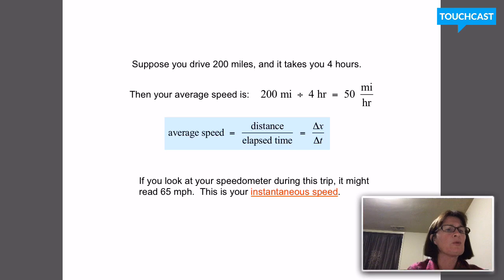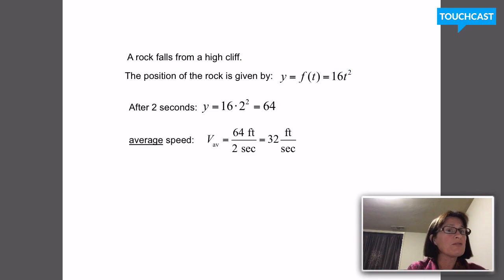So before we talk too much more about instantaneous speed, let's do an example of how to compute average speed. So you have a function there. If there's a rock that's going to fall, and we have a formula that can tell us the distance that rock is going to fall after a certain amount of time. That 16 that you see in that formula comes from the force of gravity pulling the rock down toward the earth.